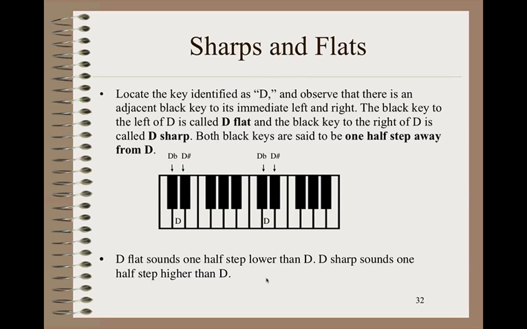So let's talk again and associate these half steps with sharps and flats. On the piano keyboard, notice that this note between the two black keys is referred to as the letter D. When I go up to my right, ascending, that would be a D sharp.